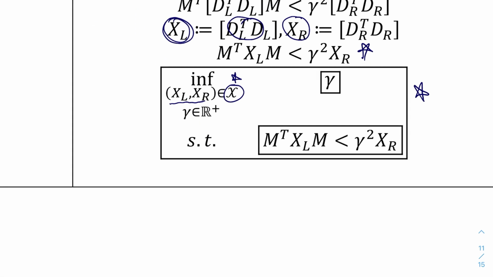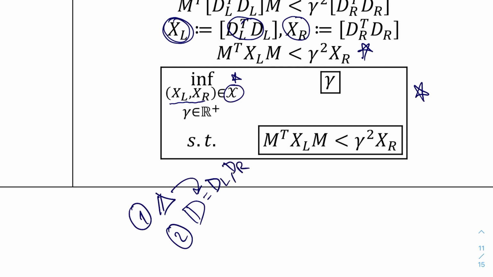Now I'm going to state one more time. First, obtain your uncertainty set, your uncertainty structure. Second, obtain your D structure, D set, corresponding to that. And when we say D, we also mean DR and DL.